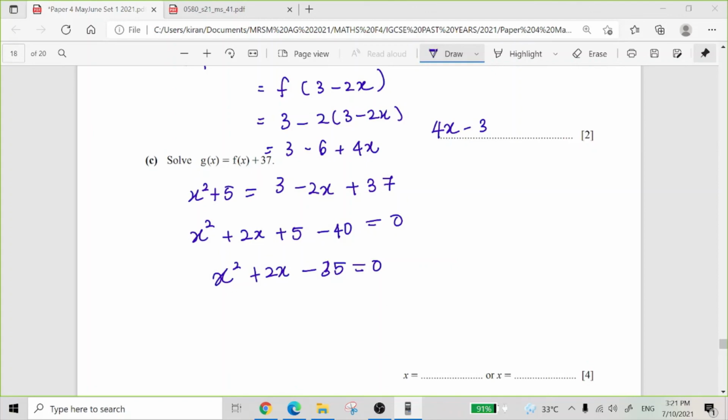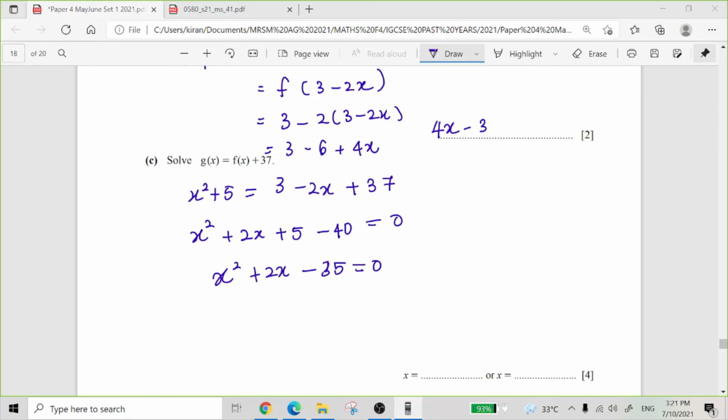Equation. Enter. Okay, kita ambil polynomial sebab ini ialah quadratic, so we choose 2. Degree polynomial, we have 2. So kita masukkan, okay, x square yang pertama ialah 1. Ting. Okay, koefisien kedua ialah 2. Ting. Koefisien ketiga ialah negative 35. Okay, masukkan.